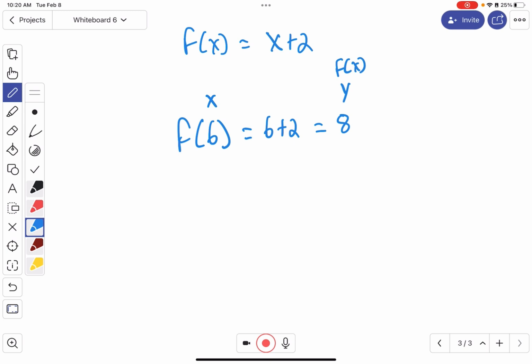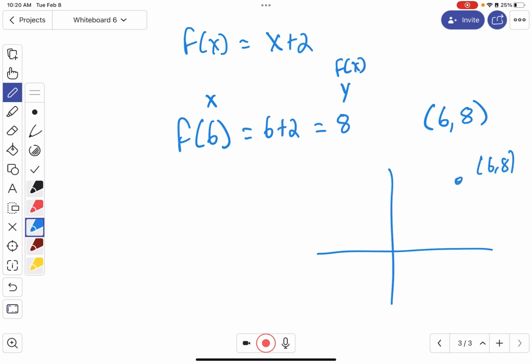So really, when you're evaluating a function, all you're doing is finding a coordinate on the graph. So what this point (6, 8) is saying is if I were to graph this function, x plus 2, that point (6, 8) is going to be part of my graph. And so are all of the other points on that line.